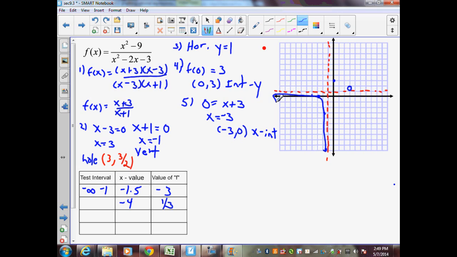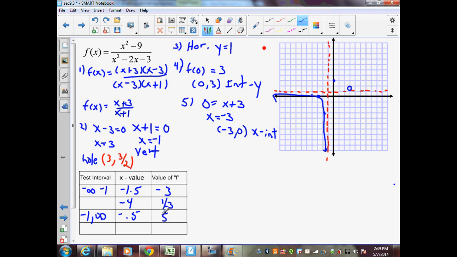Now I need to plot another point from negative 1 to positive infinity. And from there, I chose negative 0.5. At negative 0.5, I got 5.